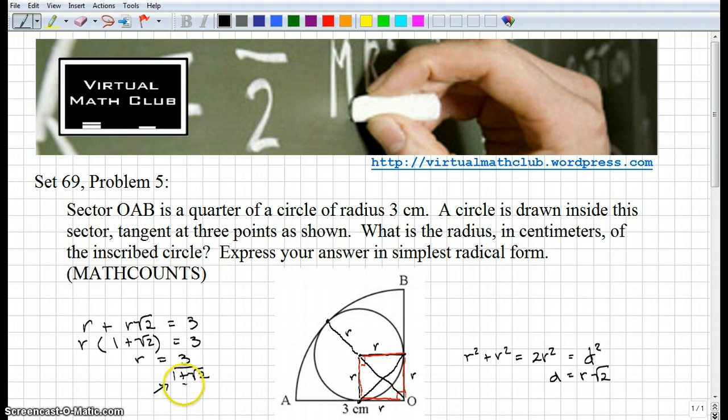Some people might not know what simplest radical form means, but essentially we just want to get the radicals out of the denominator. There's a little trick for getting the radical off the denominator. If we had something like, let's say, 1 over the square root of 2, we just multiply by the square root of 2 over the square root of 2, and we end up with square root of 2 over 2.